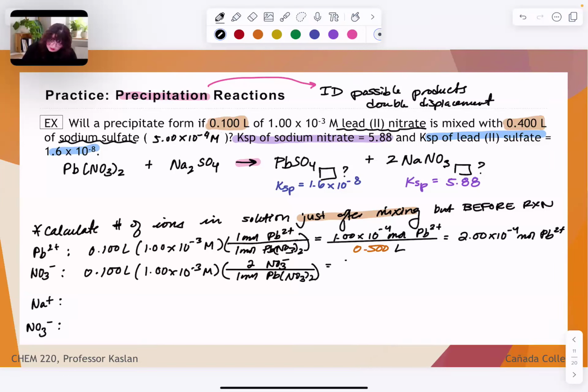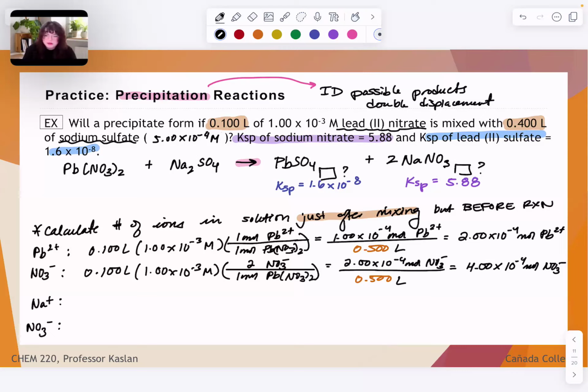So this is going to become 2.00 times 10 to the negative 4 moles of nitrate over our total mixture volume, 0.500 liters. So 2 divided by 1/2 is 2 times 2, which is 4.00 times 10 to the negative 4 molar nitrate.